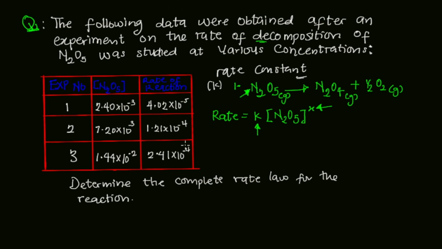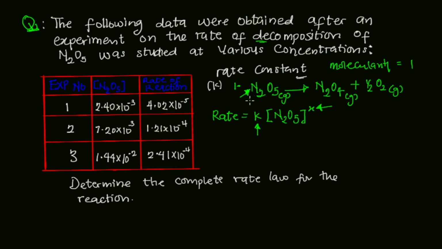Now let's say you are asked to calculate the molecularity of the reaction. You can go ahead and balance the equation, and as you can see, the equation is balanced. In that scenario, the molecularity of this reaction is 1, because this is the only reactant that we have.